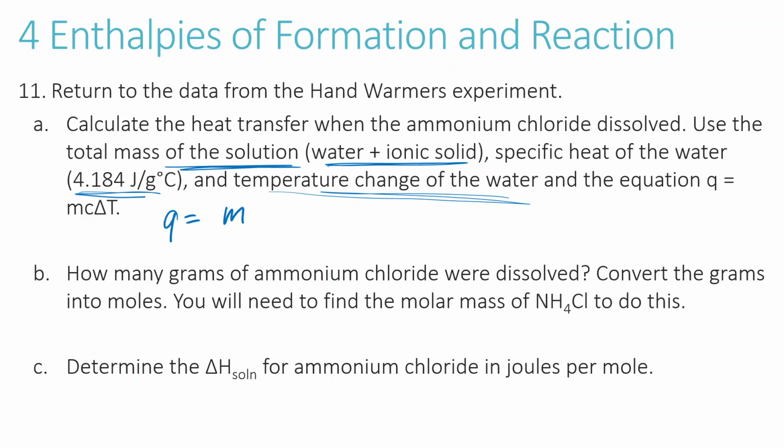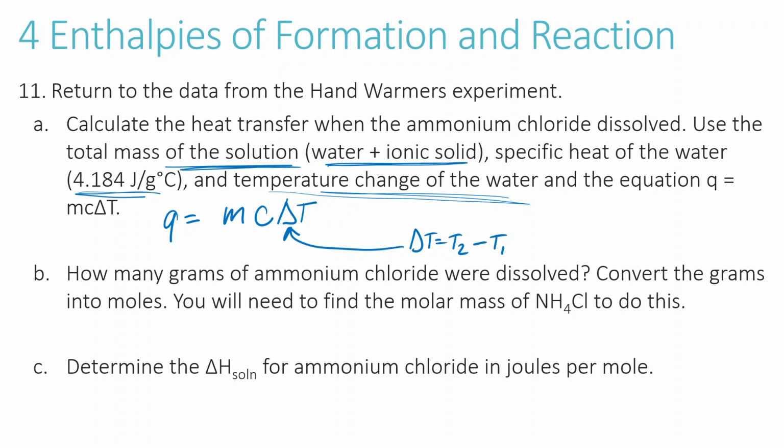M is the mass of the solution, which means water plus the mass of your solid. C is 4.184 joules per gram degree Celsius, our constant specific heat. And then we need to find delta T, which is the final temperature minus the initial temperature. Then you're going to plug that in and solve for Q.